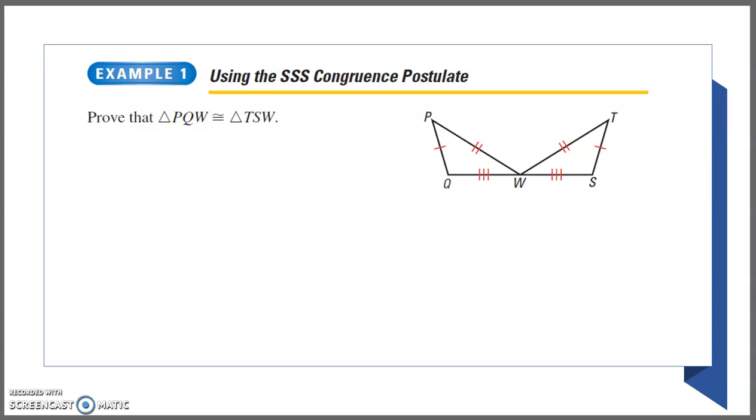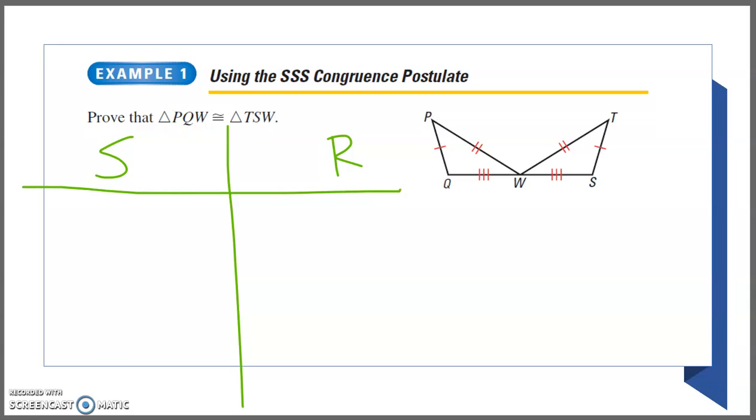So we're going to prove that triangle PQW is congruent to triangle TSW. We're going to do this in a 2-column proof format, so we have our statements and we have our reasons. Here's my first statement: PQ is congruent to TS. Now notice that is just given information in the diagram.